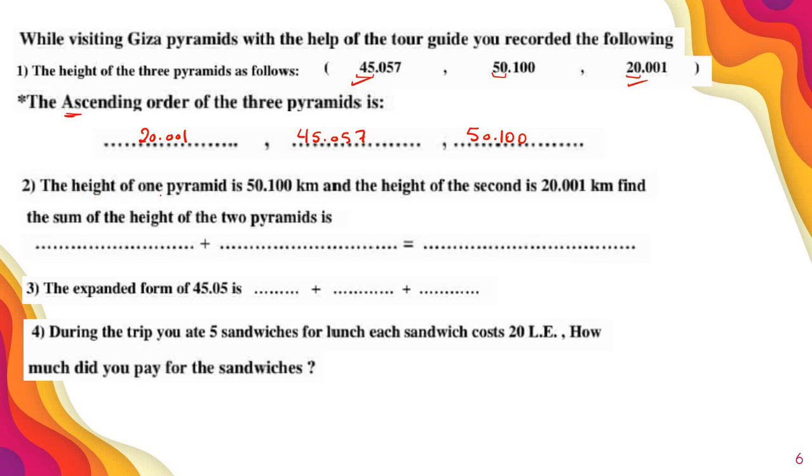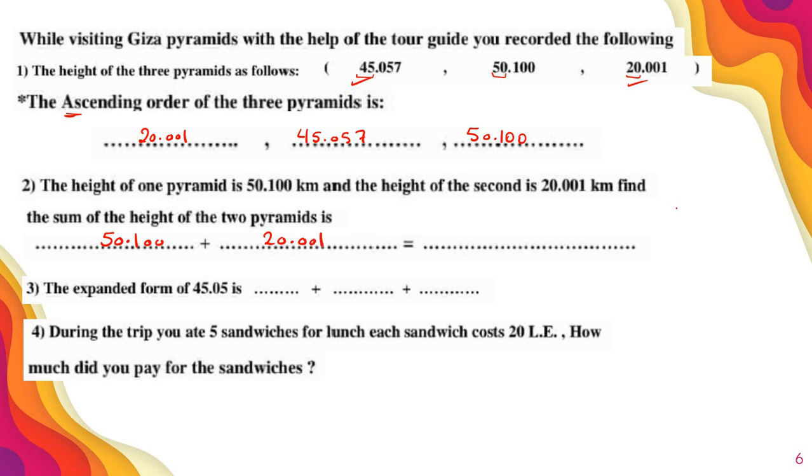Second question here: the height of one pyramid is 50.100 kilometers, and the height of the second is 20.001 kilometers. Find the sum of the heights of the two pyramids. So I want to add both of them together. 50.100 plus 20.001.